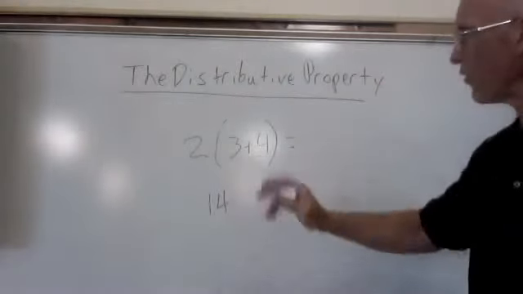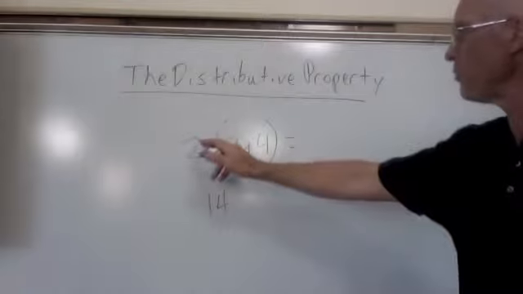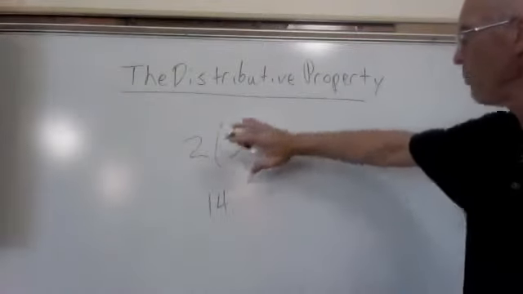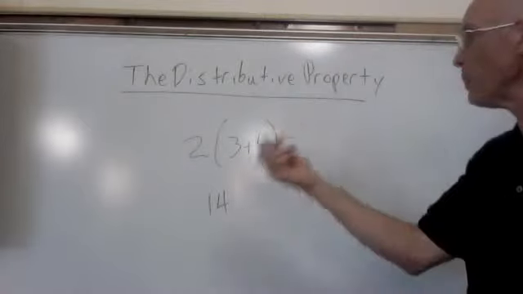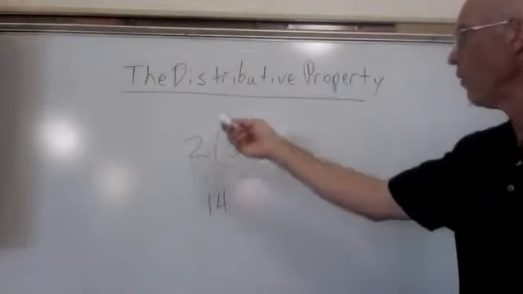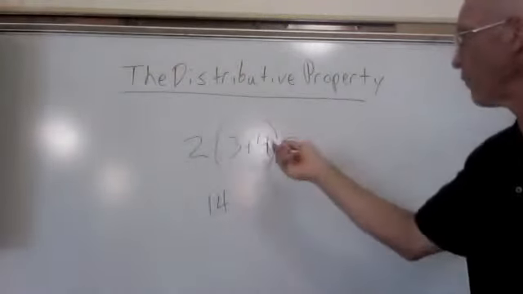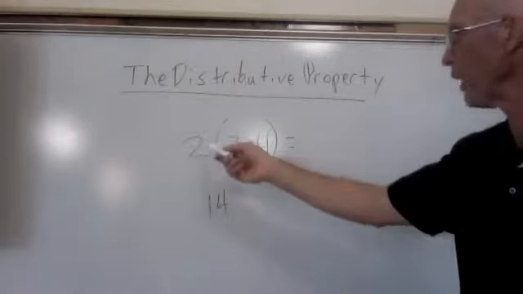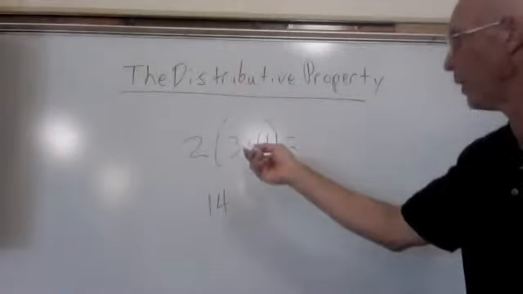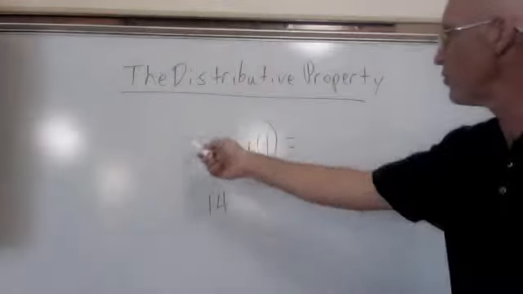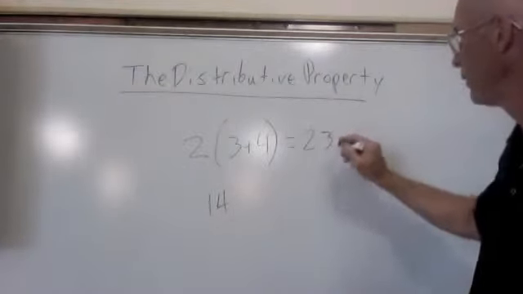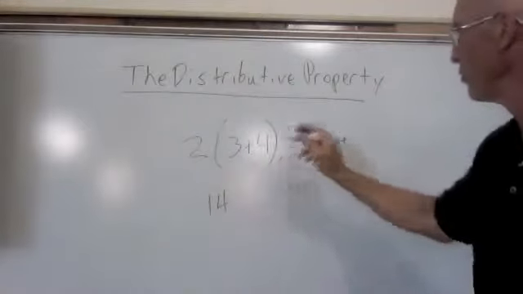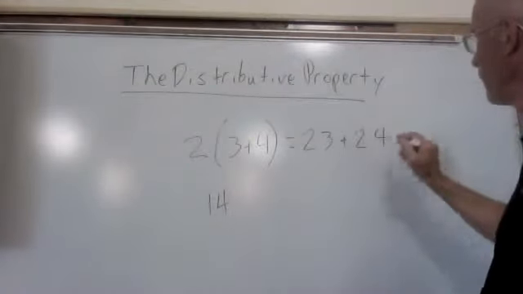But do you see that that 2 is being multiplied by the parentheses with 3 and 4 in it? So I can distribute the 2 to the 3 and to the 4. The 2 is being multiplied, so I'm distributing it, multiplying it by it. So it's the same thing as 2 times 3 plus 2 times 4.